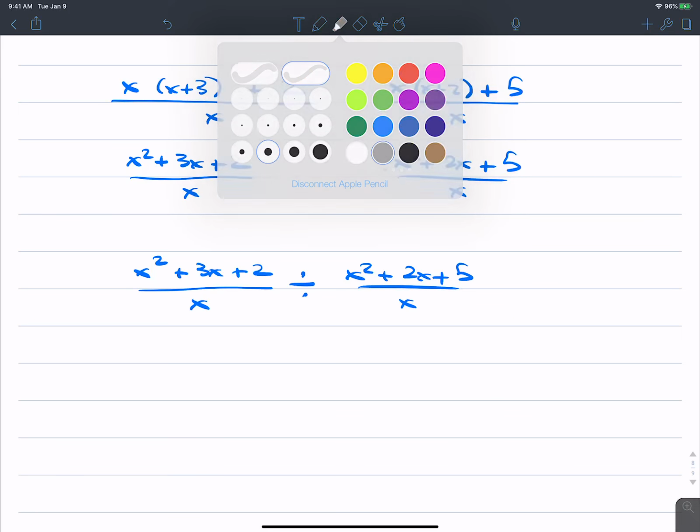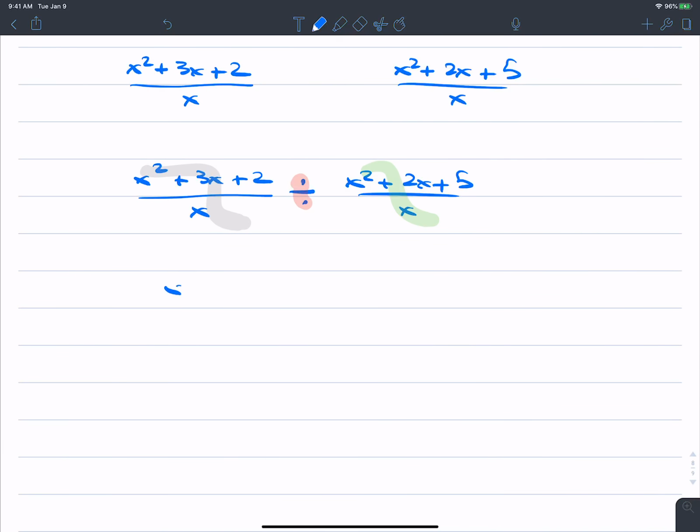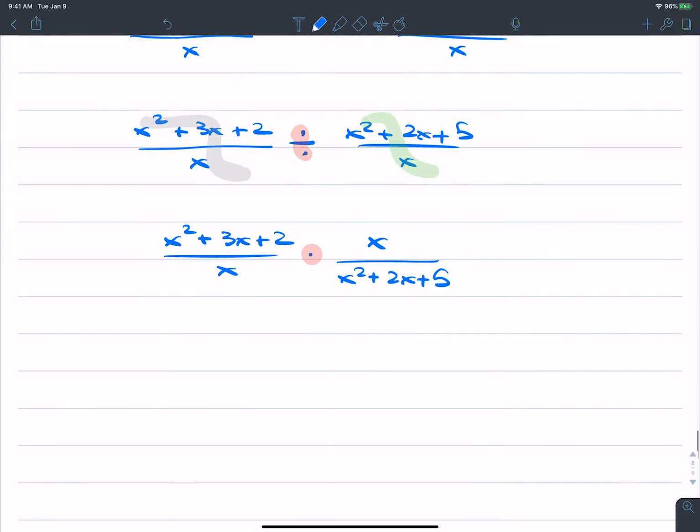Again, top and our bottom. And don't forget to divide. Here you go. x squared plus 3x plus 2 over x times x squared plus 2x plus 5. So division is actually multiplying by the reciprocal fraction of the second fraction there. Okay, multiplying by the reciprocal of the fraction on the right.